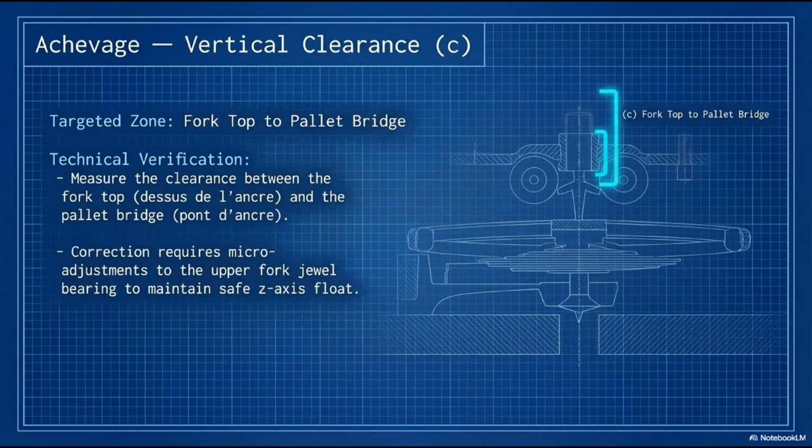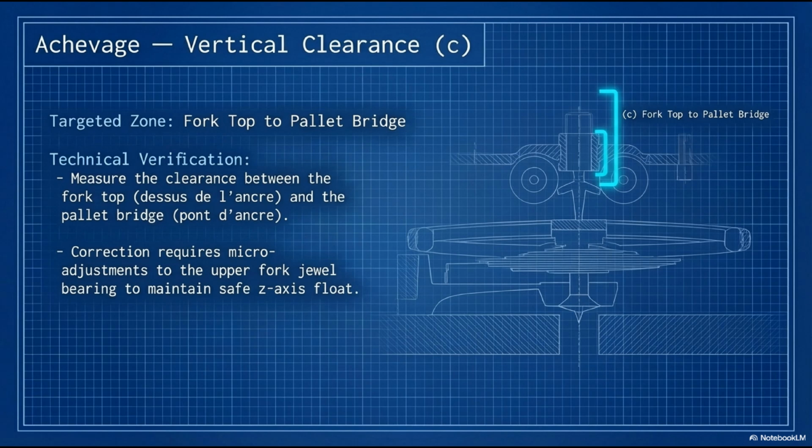Clearance C, fork top to pallet bridge. Targeted zone, the gap between the top surface of the pallet fork body, dessus de l'ancre, and the underside of the pallet bridge, pont d'ancre. Technical verification: measure the clearance between these two surfaces. The pallet fork must have vertical freedom to rotate about its pivot without the top of its body contacting the bridge above it.